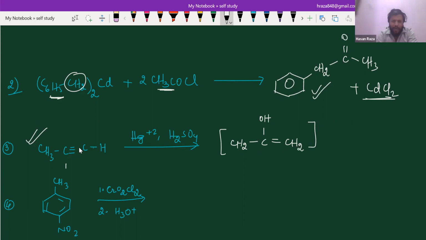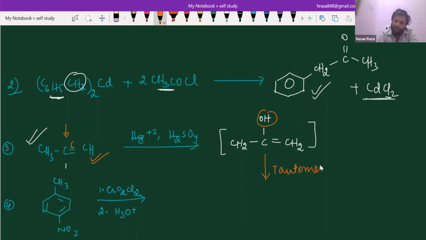Basically, what will happen here? It's very simple. One bond will be broken and then this will form. So you can see if I'm going to write it like this, one of the bonds will be broken and then OH from H2SO4 will be connected with this and hydrogen will be connected with this, and then tautomerism will take place.